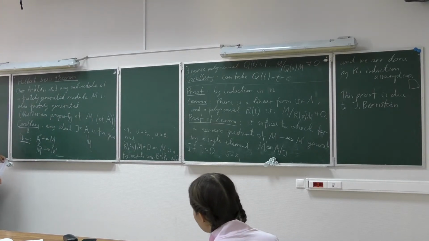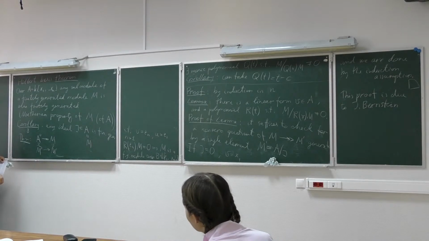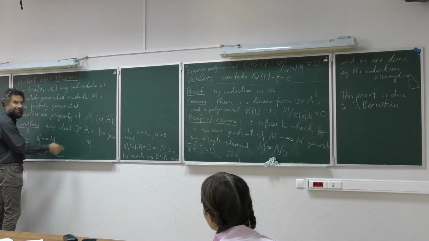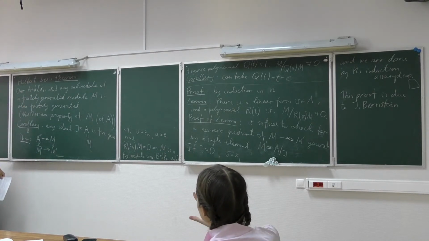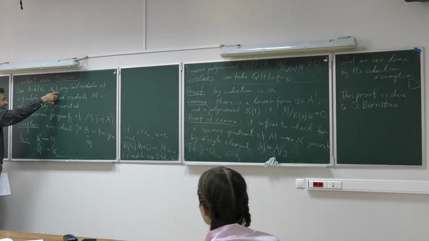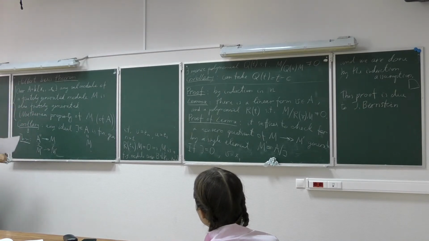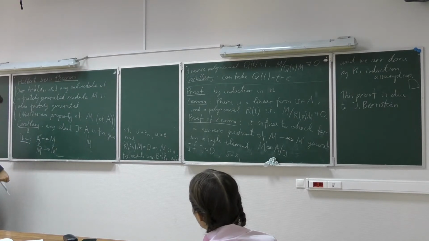So if you can prove this claim about ideals in the algebra, then we can prove this. Cartesian square.